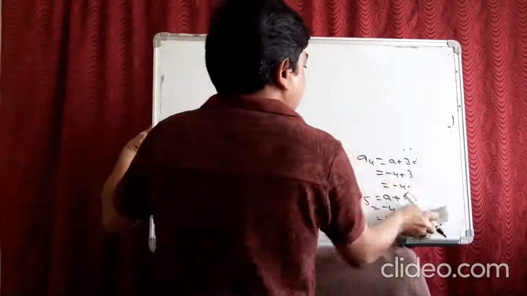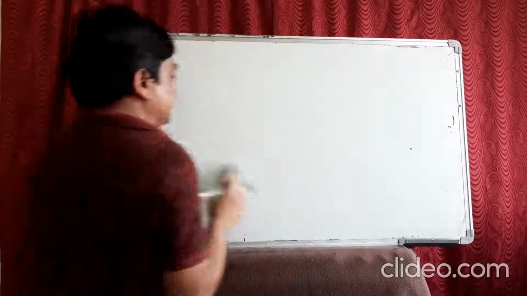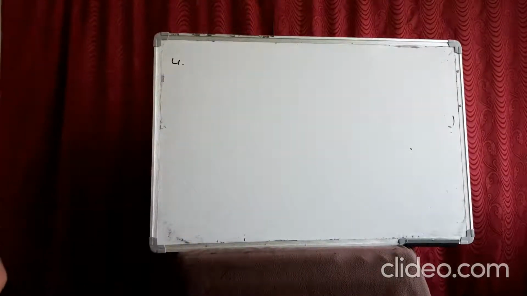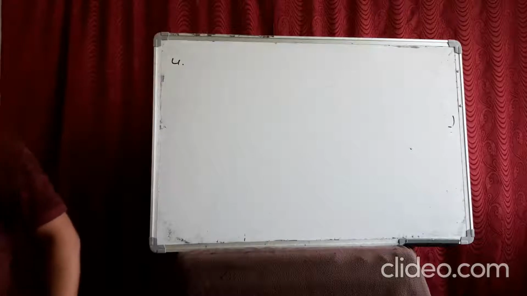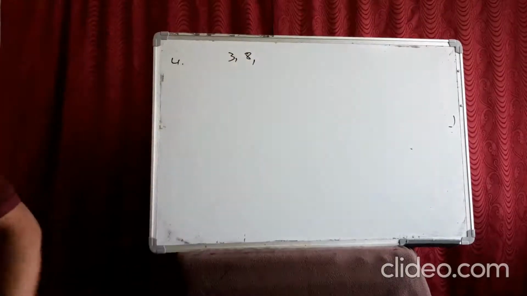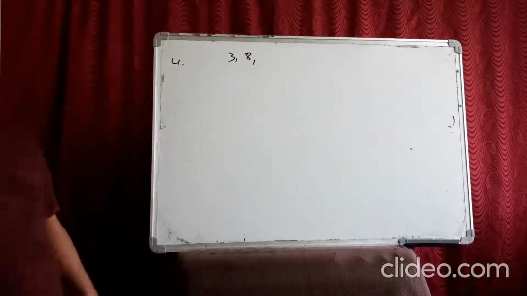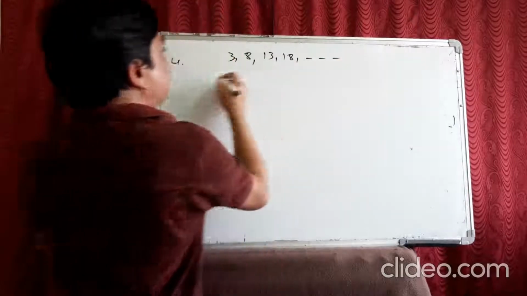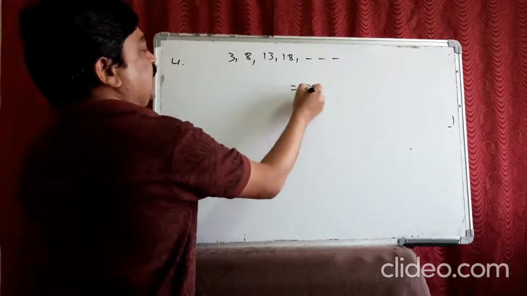In the next question, you are given a series here. In the fourth question, which term of an AP is 78? They are given the AP 3, 8, 13, 18, and so on. Which term is 78?